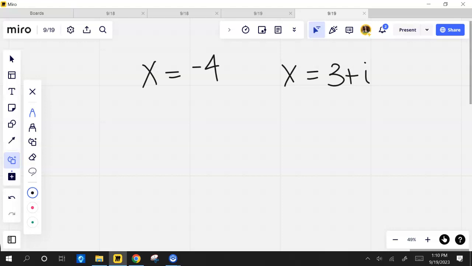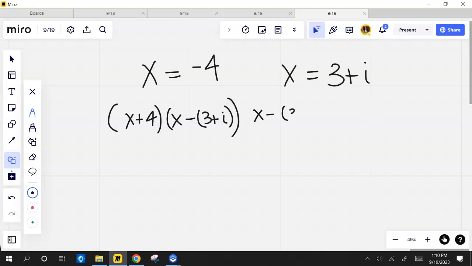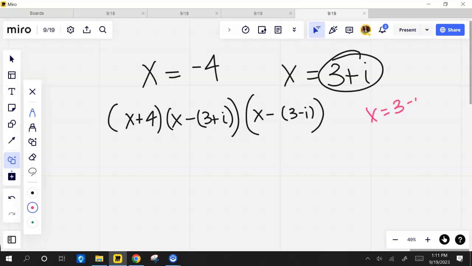You can multiply in any order you want. So if this is a 0, that means not only is that a 0, but this is a 0 also.